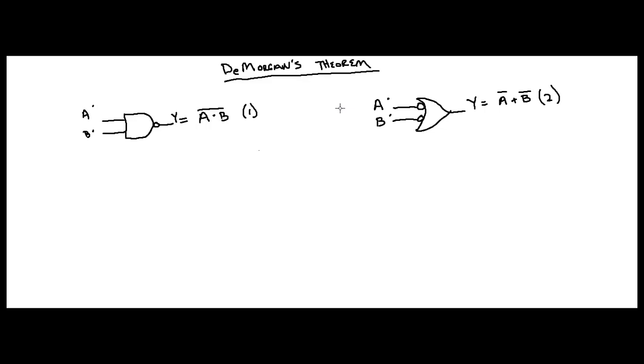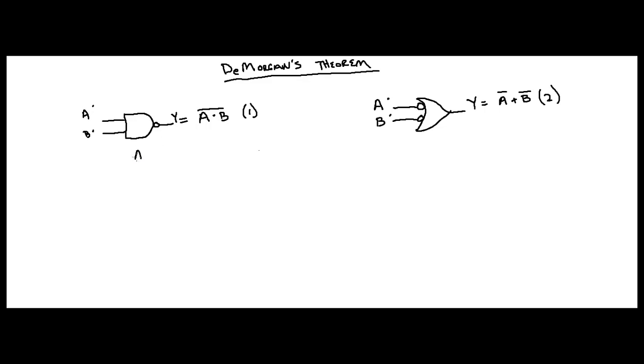Okay. Now, basically, there's a method to building an equivalent gate with another gate. Okay? First, you look at the general shape of the gate. Is it an AND? This is an AND gate, right?